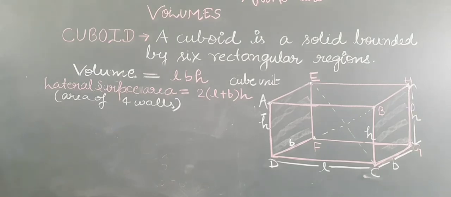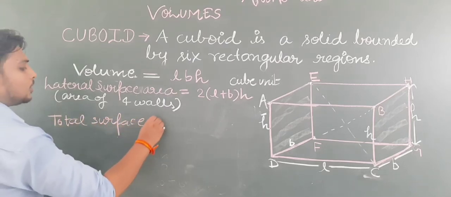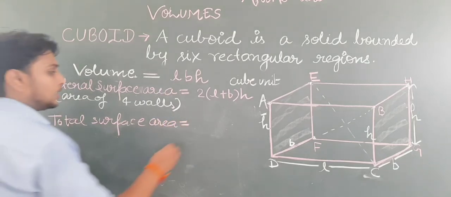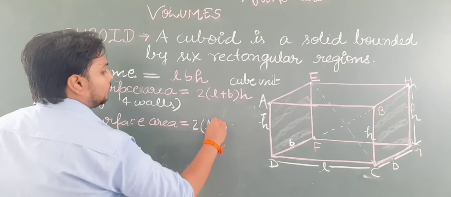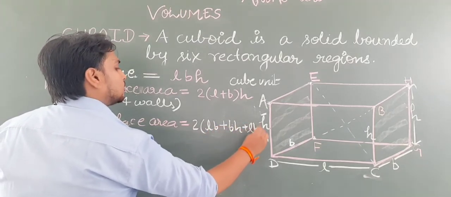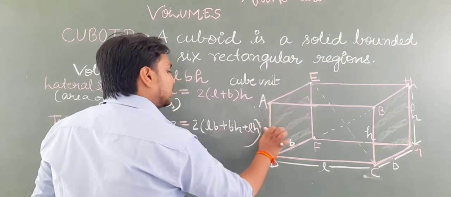Okay, and then total surface area. So total surface area is what? Total surface area is 2 into (LB plus BH plus LH).